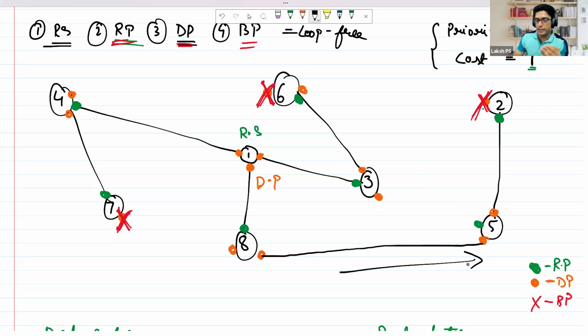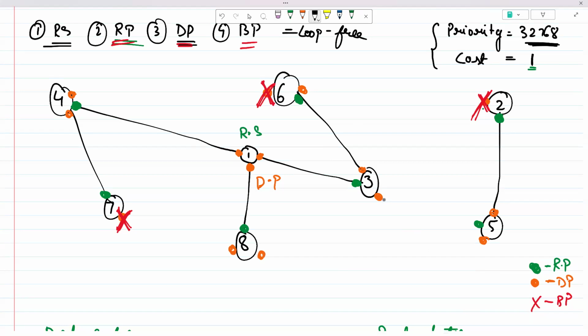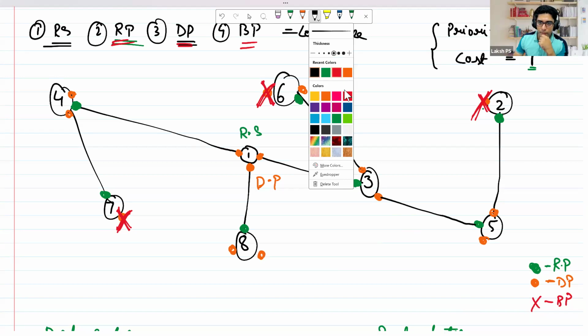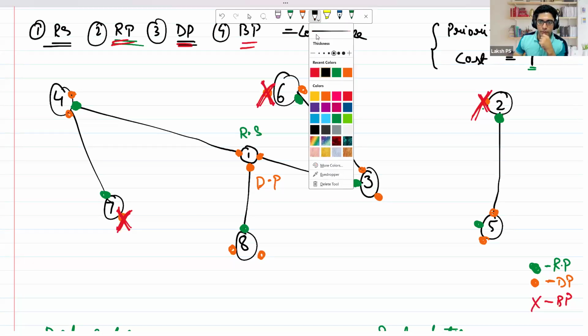So when a switch stops receiving BPDUs, it will open its blocked interface so that BPDUs can be received from the blocked interface. And 5 now has an alternate path to reach the root switch. Clear? So the alternate port, which was blocked previously, will become the root port now. You said it absolutely right.